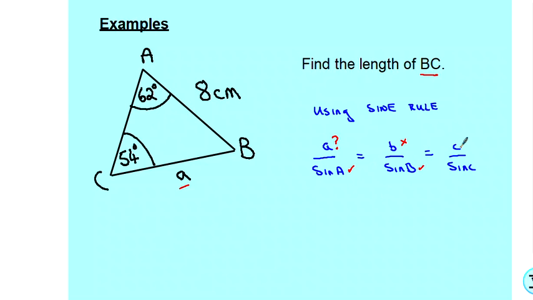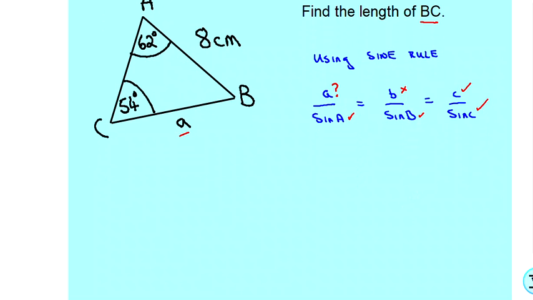And do I know small c? Yes, it's 8. And do I know the angle at C? Yes, it's 54. Now, we've got three ratios there, a over sine A, b over sine B, c over sine C, and we need to use two of them. And the two we use is when we know three of the things and we've only got one unknown.